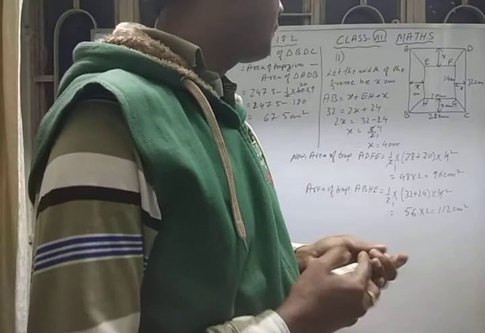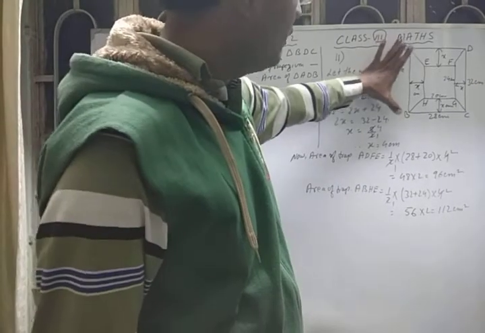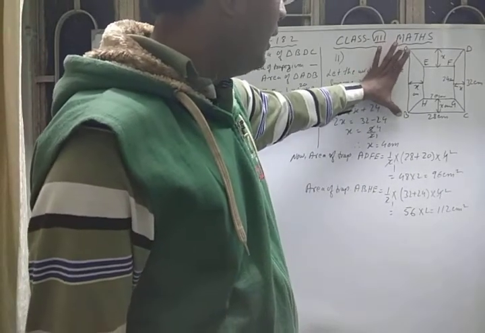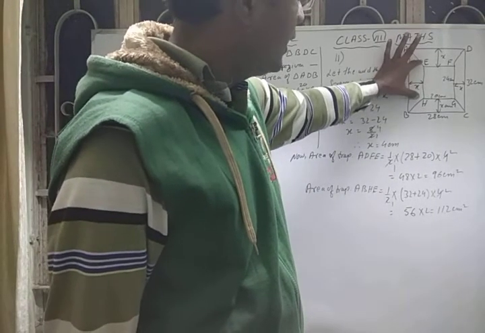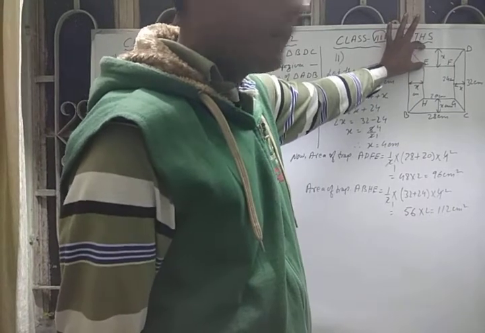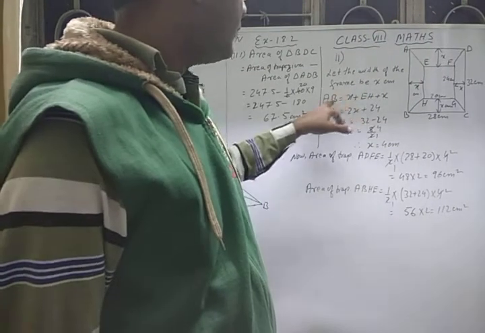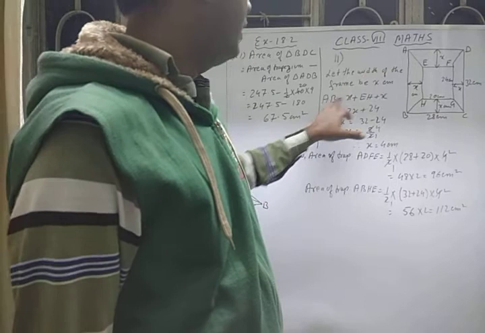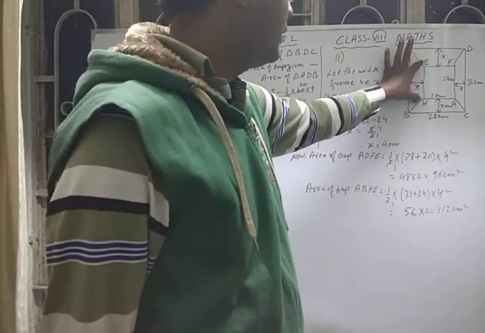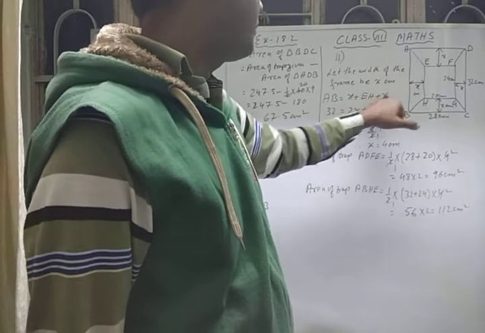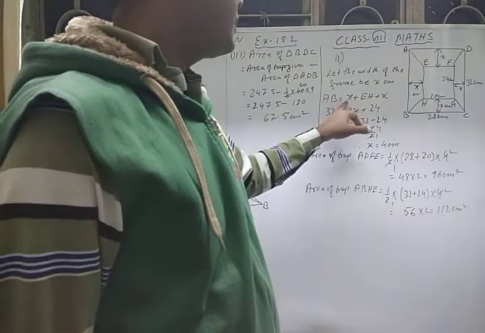First of all, if you see the total figure, the length AB consists of this length x, then EH, and this length x. So you can write in place of AB: x plus EH plus x. What is x plus x?